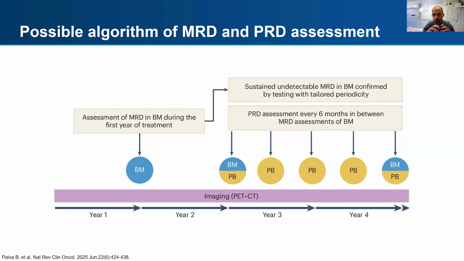Our mission is to space them out as much as possible to improve patient quality of life. So, for example, every 3 years, have continuous PRD assessment looking at peripheral blood and at the serum. And like I said before, not forgetting the value of imaging modalities such as PET-CT.